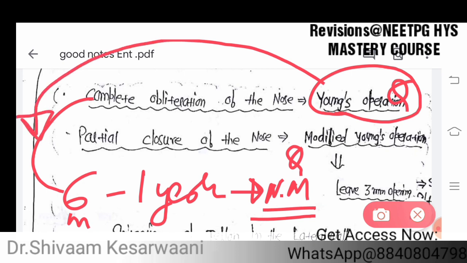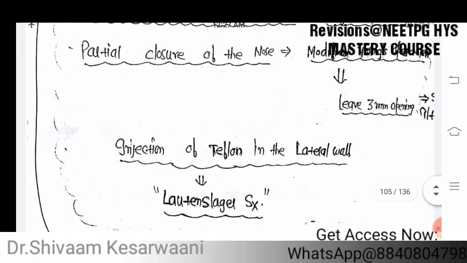So in modified Young's, what you do is you partially close the nose. That means you leave a 3 millimeter opening in the center of the two flaps so that some air passes, and it is called modified Young's operation. So both are done for atrophic rhinitis.